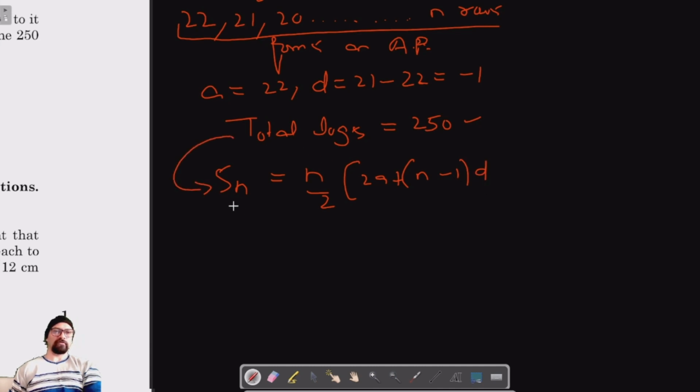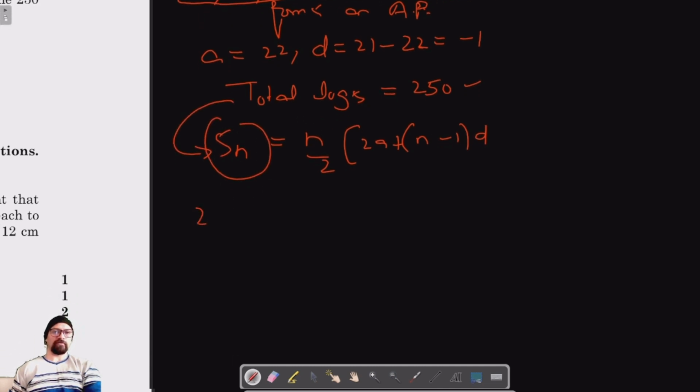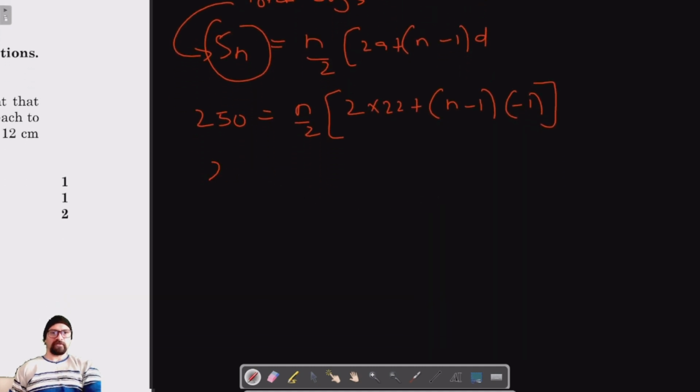The total logs are given, which is 250. We don't know the number of rows, so let it be n, and a is 22 plus n minus 1 into d, which is negative 1. So this is 250 is equal to n by 2 into 44 plus negative n plus 1.